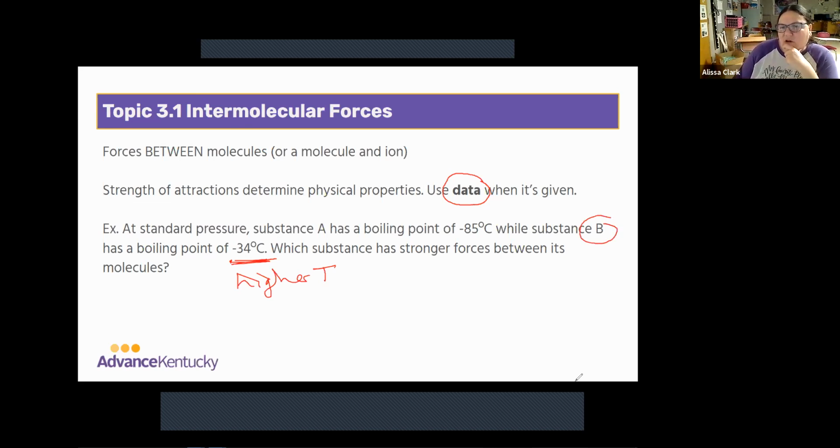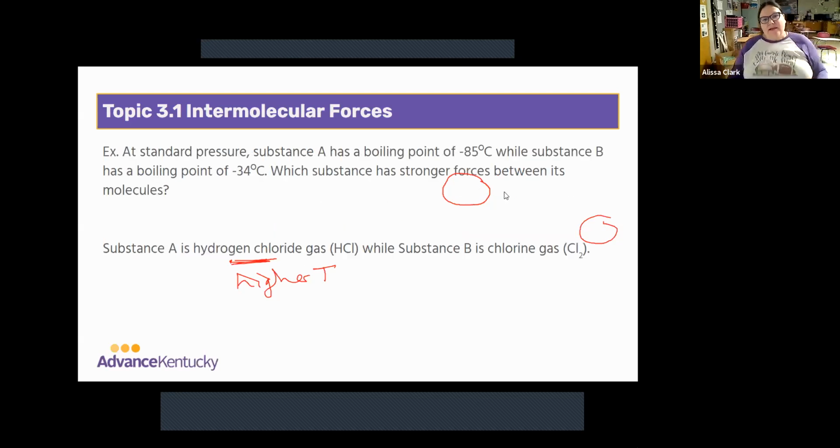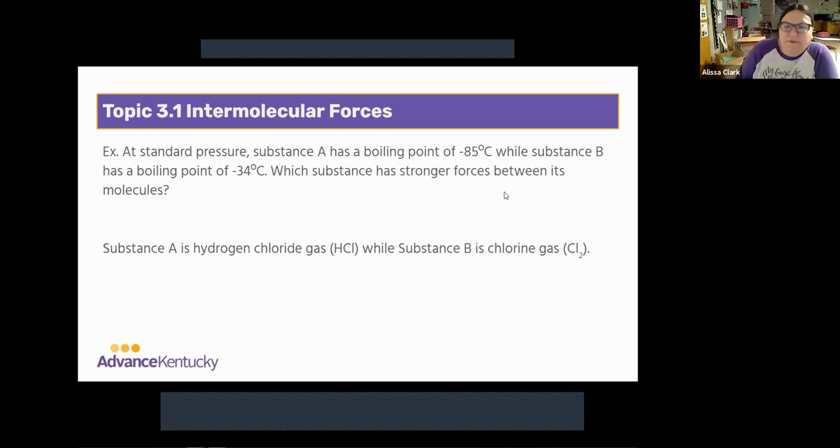Substance B has stronger intermolecular forces. Substance A is hydrogen chloride. Substance B is chlorine. And I put a state of matter on there, I get that depends on the temperature. But remember, substance B, you guys just told me, has stronger intermolecular forces.